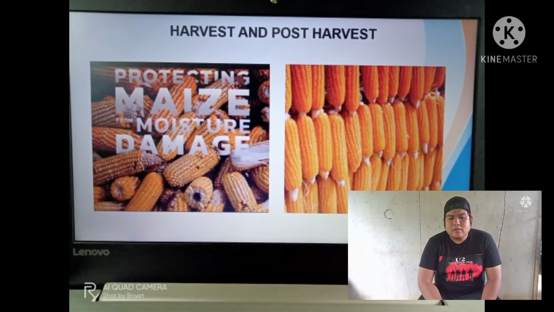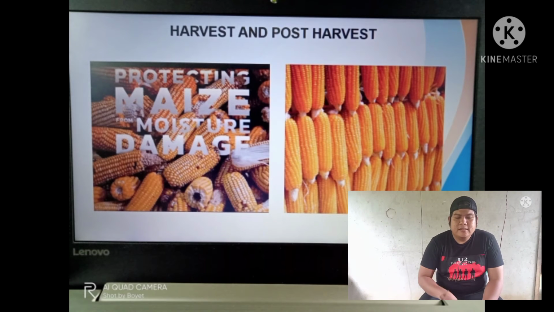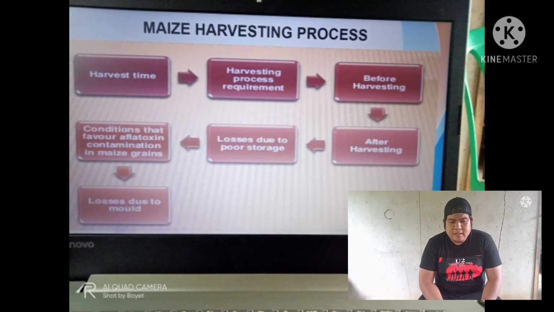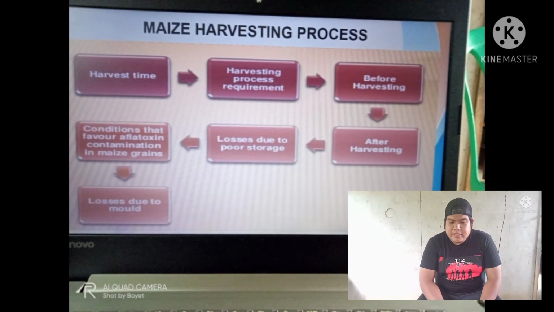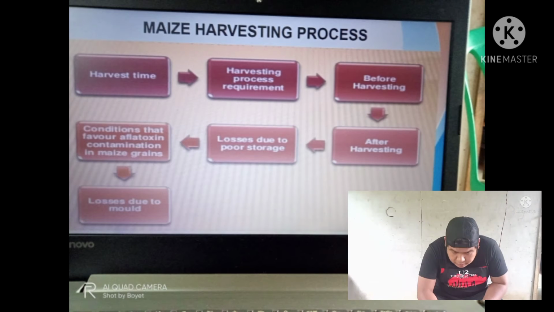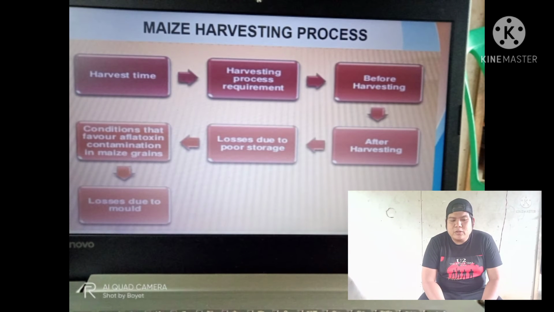Okay, let's go to the harvest and post-harvest. The maize harvesting process comes first with harvest time. Then the second is harvesting process requirements. Then the third is before harvesting. Then the fourth is after harvesting. Then the fifth is losses due to poor storage.